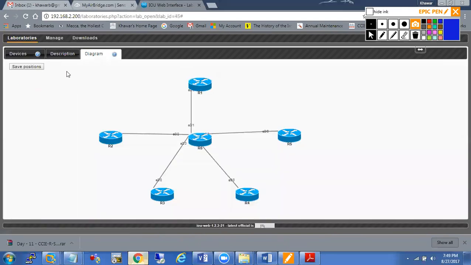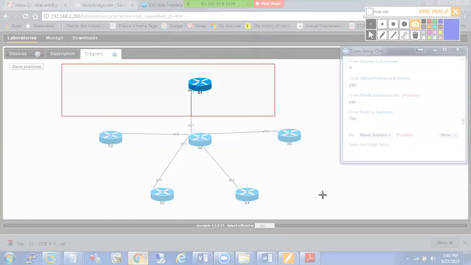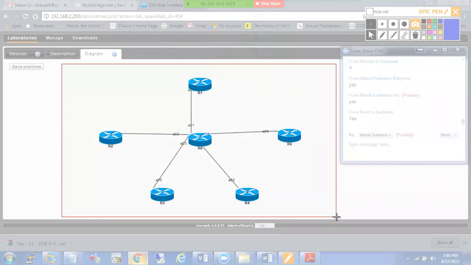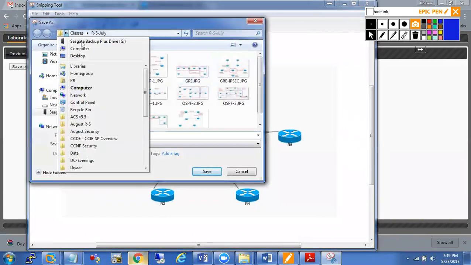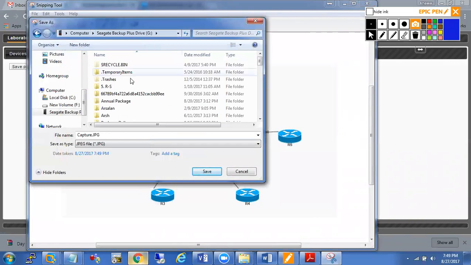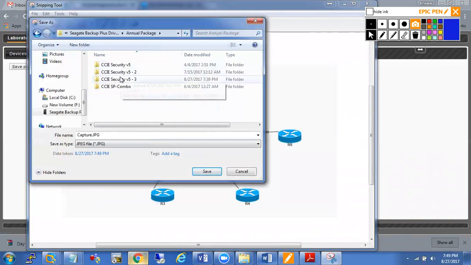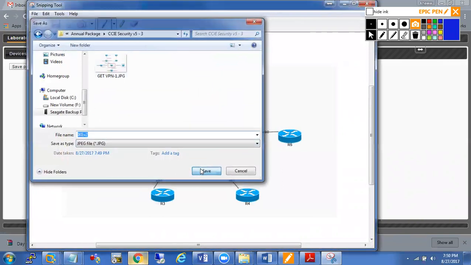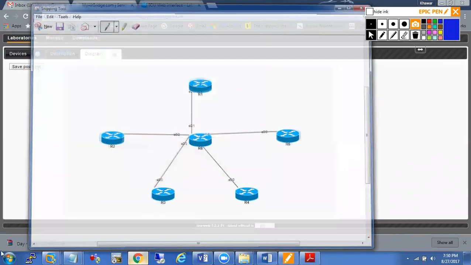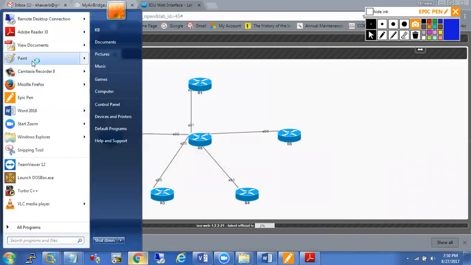So this is my diagram. Let's take a snip of it. Save it. This is IKEv2. Bring up Paint.